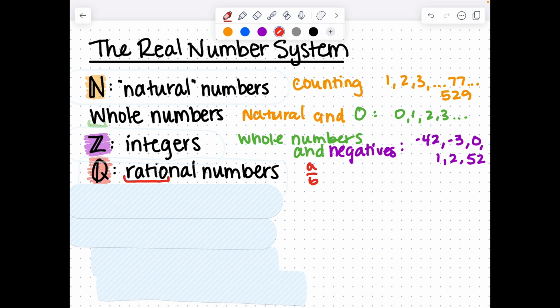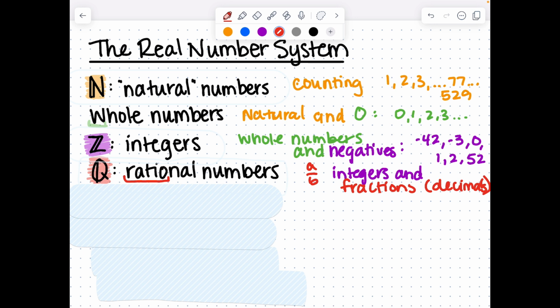Special little abbreviation. So what we have here, this is integers and partials. Really, it's fractions, but we can use decimals in there too, because decimals are just a way to represent some fractions.